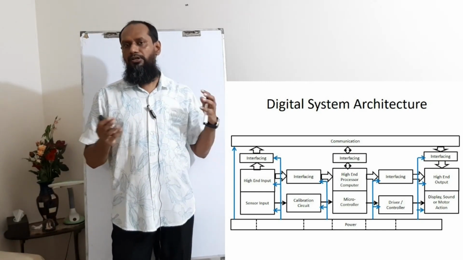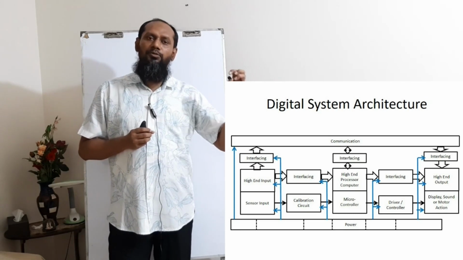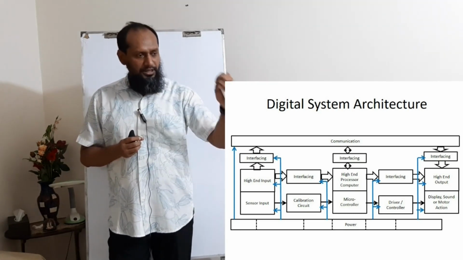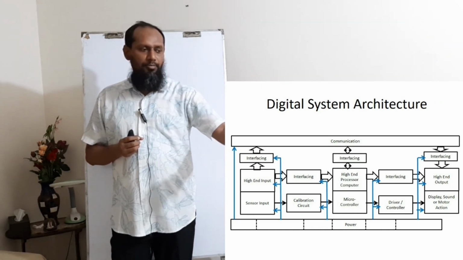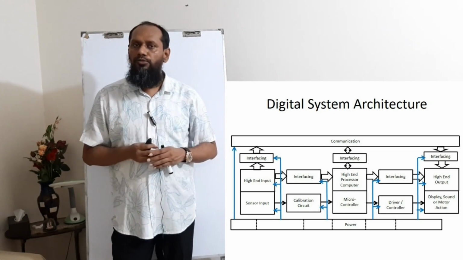As I told you, with an IoT device, there will be some device that just senses the environment and sends the data to our computer. So just one module can be made using an input sensor, interfacing, and a communication module.